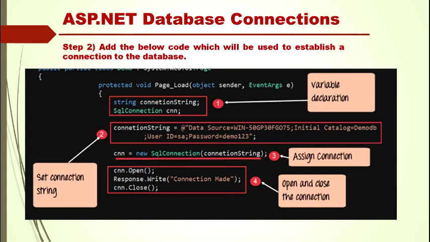And then last, cnn.Close. After the successful operation, we have to close this connection. So this is the code we can write in the aspx.cs file to establish the connection. Okay, now to explain in detail in the next slide.